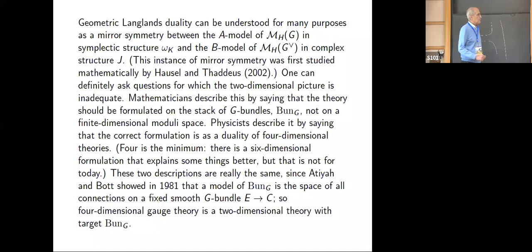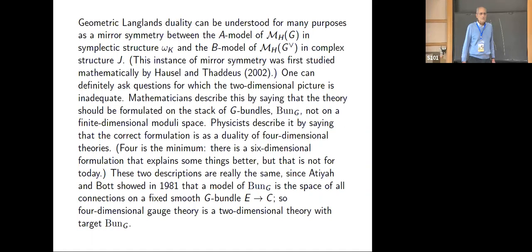Atiyah had suggested back in the 70s that there should be some connection of Montonen-Olive duality with Langlands. He didn't phrase it in terms of geometric Langlands because geometric Langlands, as it's understood today, didn't exist yet. That was formulated by Beilinson and Drinfeld roughly around 1990.